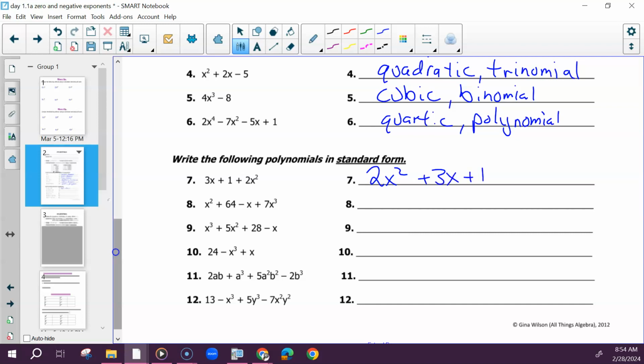And then just for practice purposes, if we were classifying this, what degree and number of terms would that be? Quadratic trinomial. Yes. I'm just going to shorten that and put that off to the side because it didn't ask for that, but it's good practice.